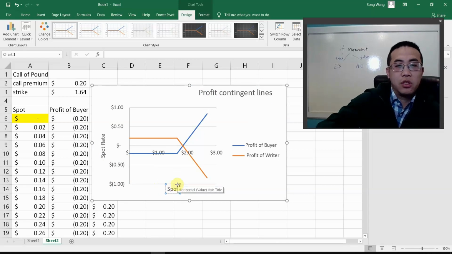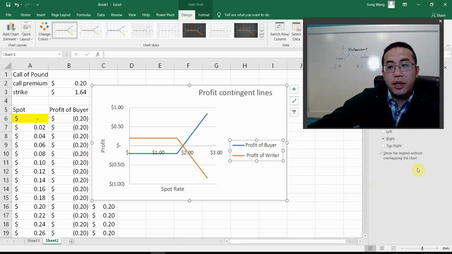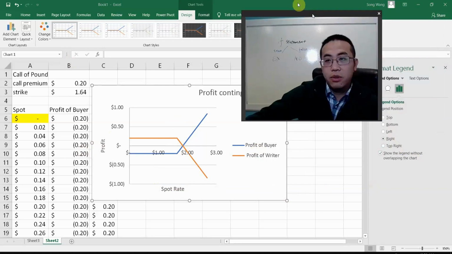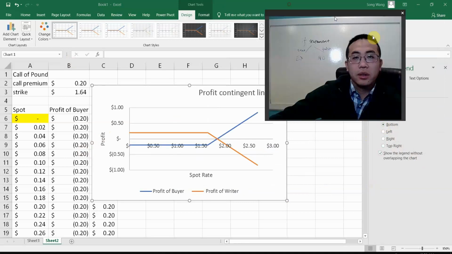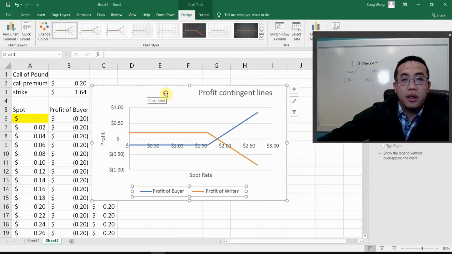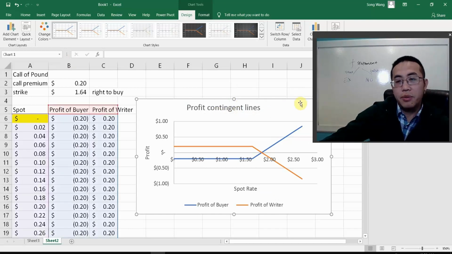So x-axis would be spot rate, and right here it is profit. Make the format down the bottom. Oh, I have to move myself down the bottom. Okay, so now you have a very nice chart indicating how the option buyer and option seller make money for the call options.